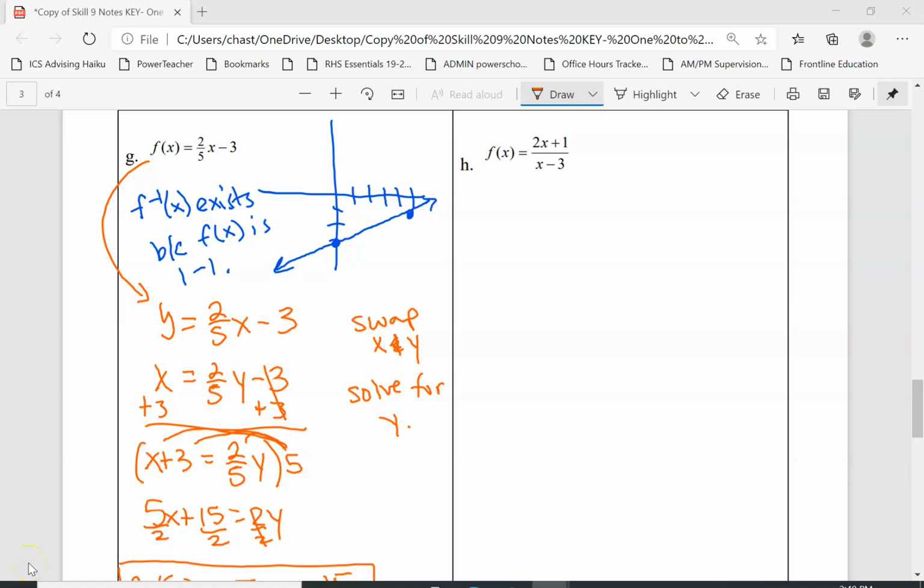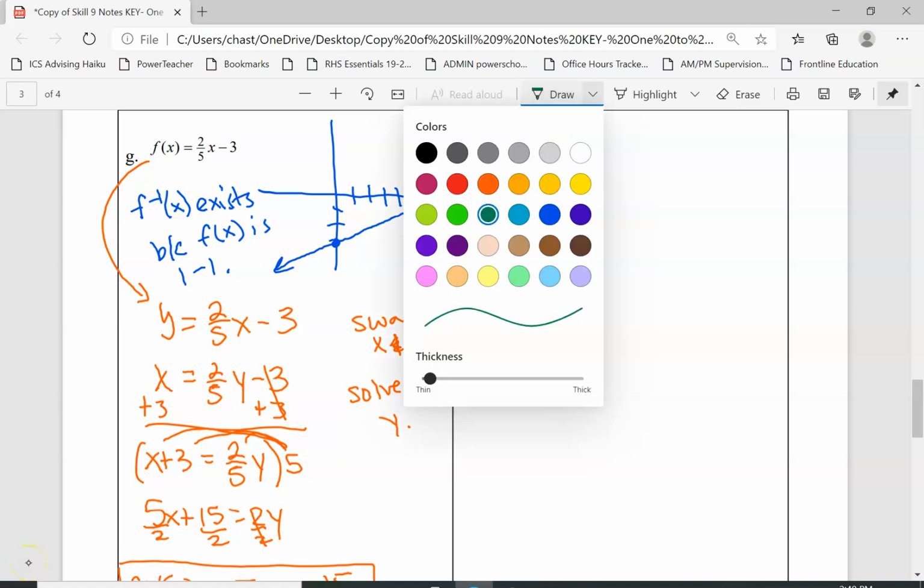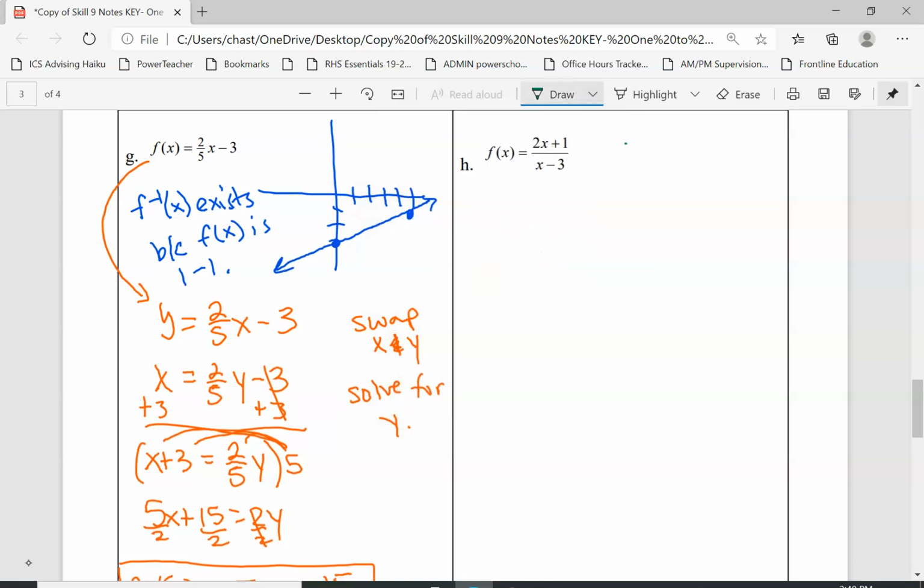All right, everybody, this is the second part of our video, and here we're going to talk about what this particular graph would look like, or this function as an inverse. So this is a rational function. The rational function is going to have a vertical asymptote at x equals 3. It's going to have a horizontal asymptote at 2, which we'll talk more about much later in the course.